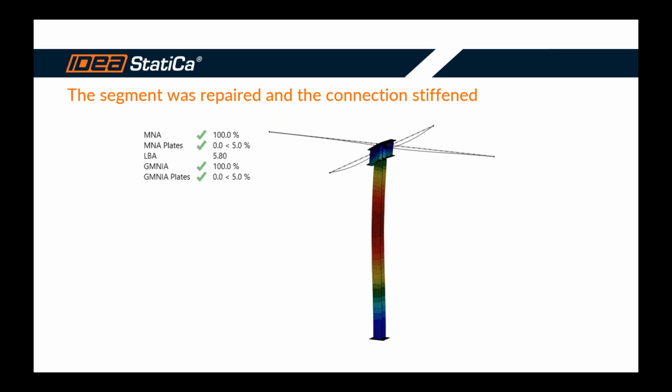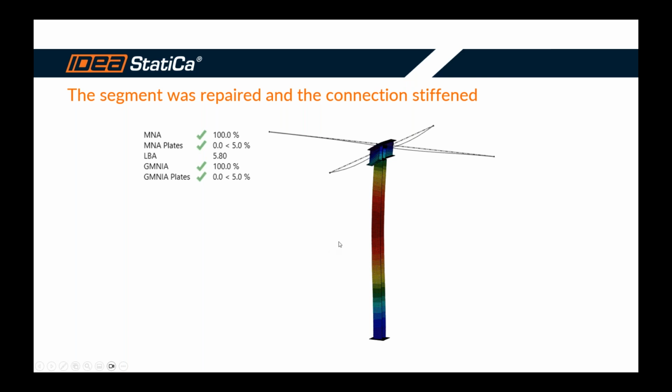Also, the design was handed to another, let's say, person in the process, and so on. So some information was lost. These things just happen, and it happened here, unfortunately, but it was not a very big tragedy. The structure was simply repaired and the connection stiffened.